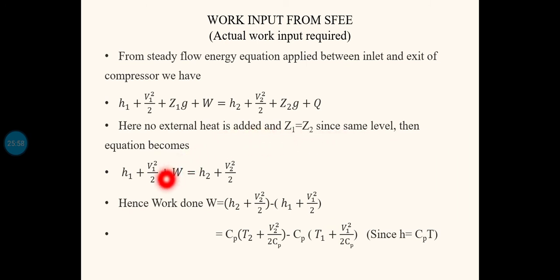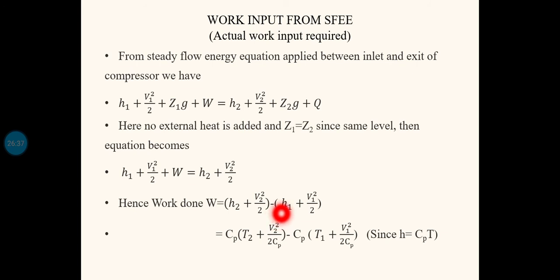Then the equation reduces to H1 plus V1 square by 2 plus W equal to H2 plus V2 square by 2. Hence work done W equals H2 plus V2 square by 2 minus H1 plus V1 square by 2. Actually H is equal to CpT, so H2 equals CpT2 and H1 equals CpT1. Taking Cp outside from both terms, inside the bracket T2 will be there, and the second term has no Cp, so I divide it by Cp.